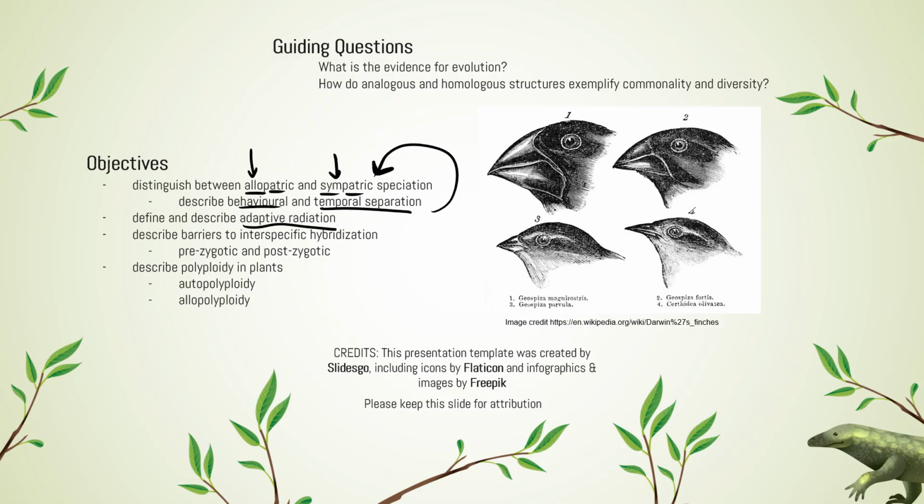We talked about adaptive radiation, Darwin's finches being a prime example of that. Interspecific hybridization can be prevented by both prezygotic and postzygotic barriers. And then we talked about polyploidy through self-fertilization, and we can also have hybridization through different species. Lots of extra copies of chromosomes leads to some super interesting new species. Well done today, my friends.